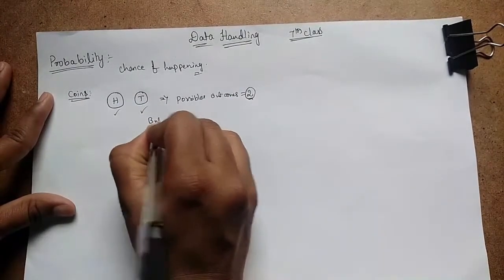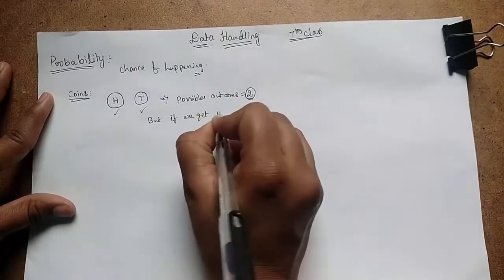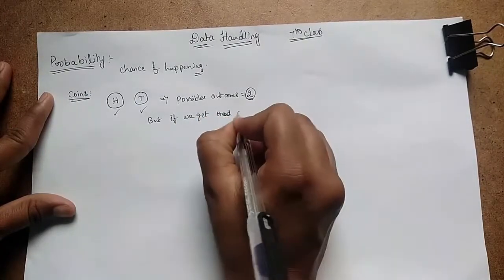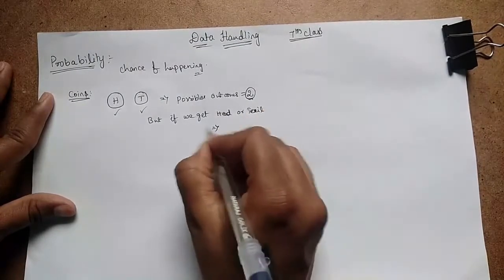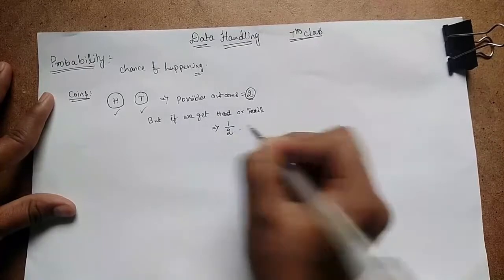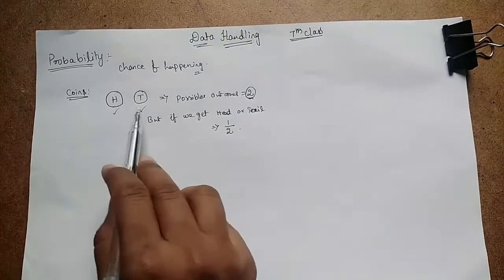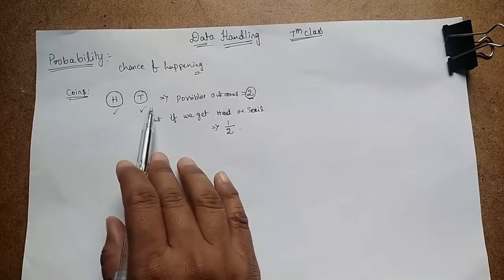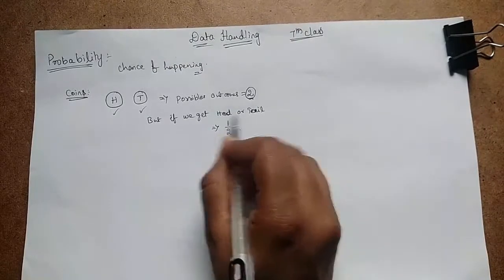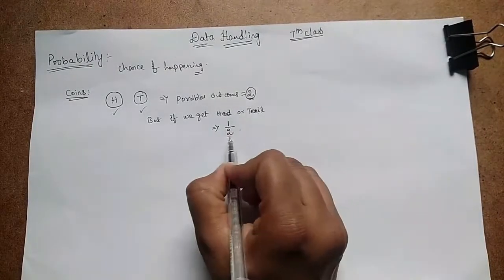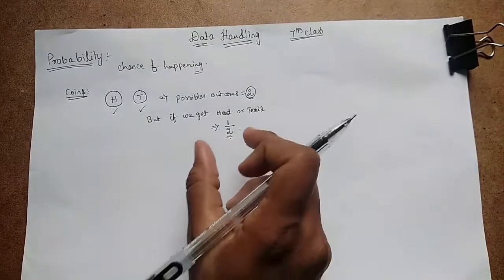But if we get a head or a tail, then we get the chance of probability like 1/2, because there is head or tail. In between those we get only a head or a tail in a coin. So the numerator is the head or a tail, and the denominator is the possible outcomes. This was the mentioning for the coins.